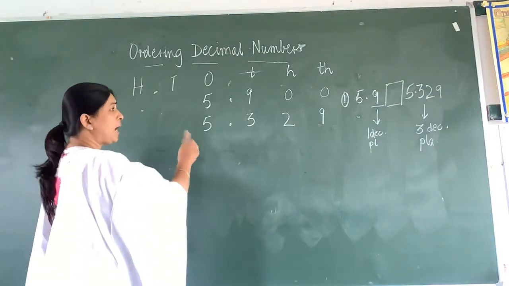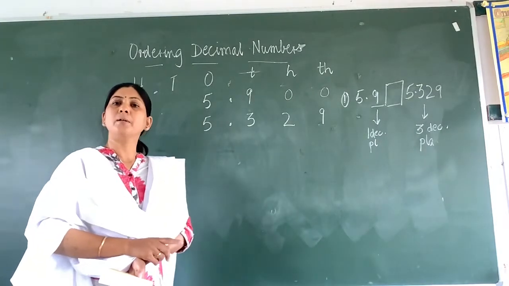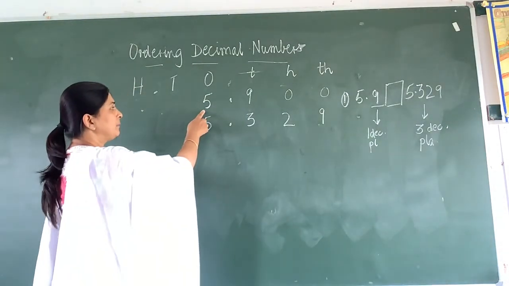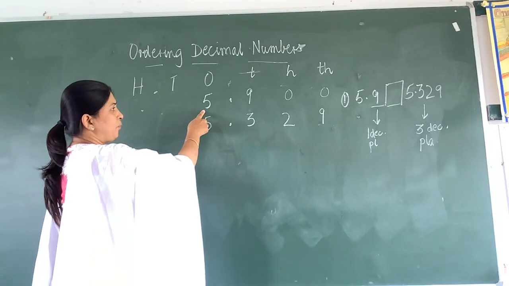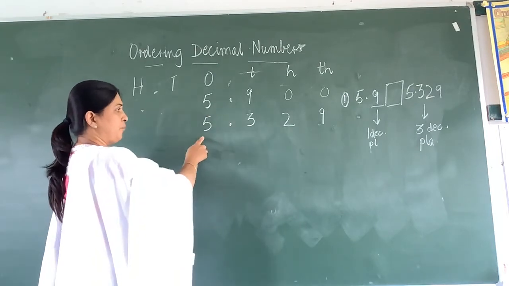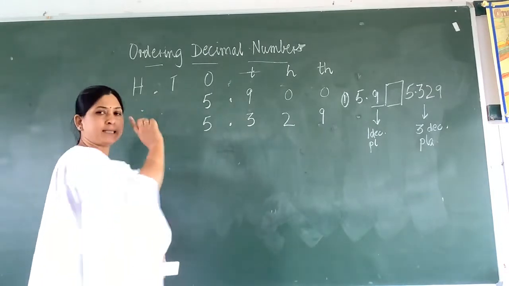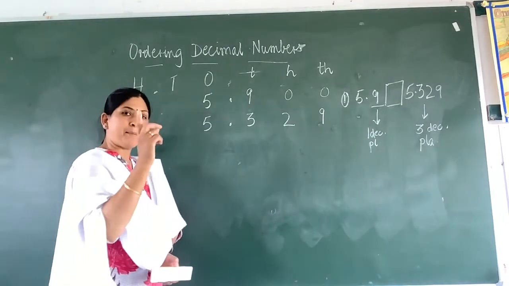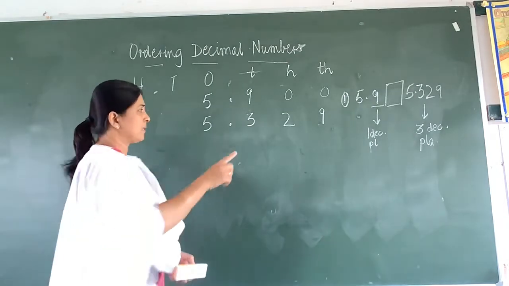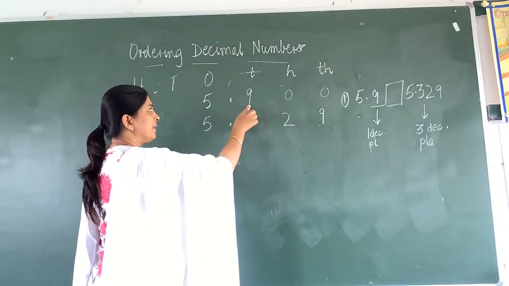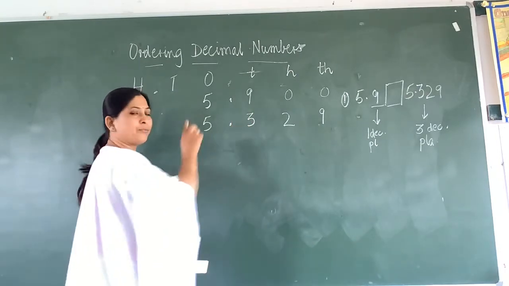Okay, now after converting the decimal numbers into like decimals, we compare the whole number part. The whole number part in 5.9 is 5, and in 5.329 it is 5. So you see, the whole number part is the same. Now we will compare the digits which are in the tenths place. In the tenths place we have 9 here, and 3 here.